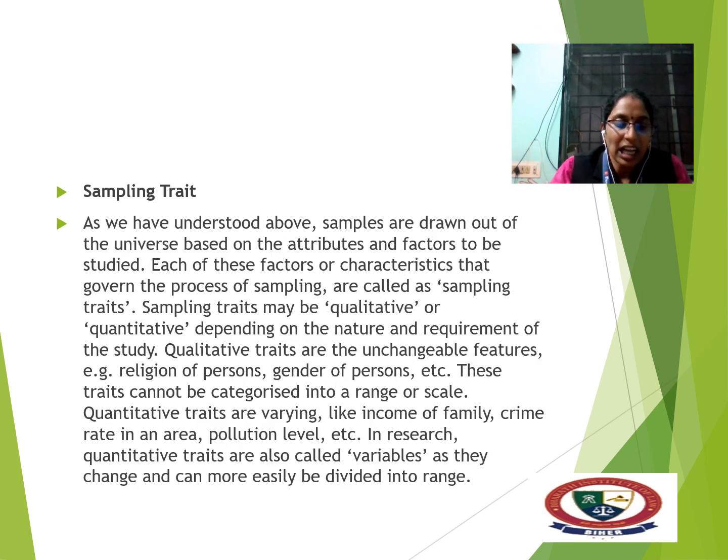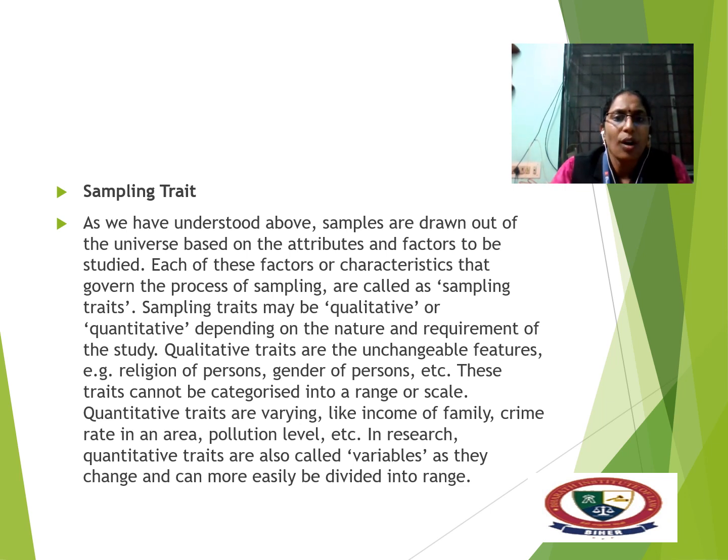Sampling traits. As we understood above, samples are drawn out of the universe based on the attributes and factors to be studied. Each of these factors or characteristics that govern the process of sampling are called sampling traits. Sampling traits may be qualitative or quantitative depending on the nature and the requirement of the study.